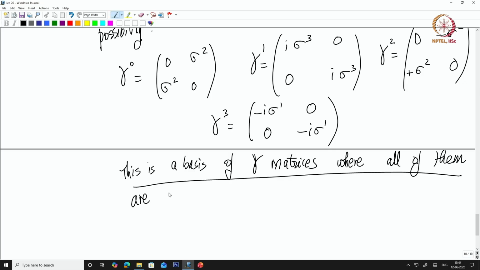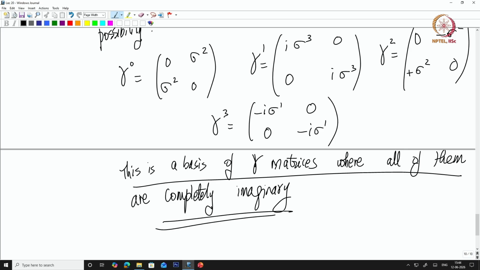I said the opposite earlier; they are completely imaginary. What it means is that you remember the Dirac spinor has complex numbers, 4 degrees of freedom, 8 real numbers.